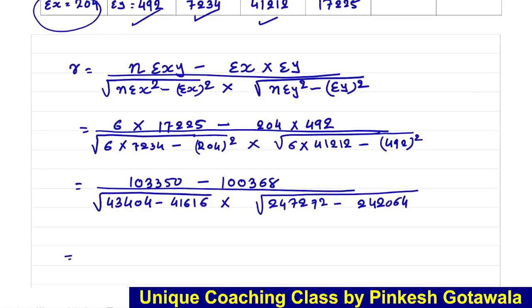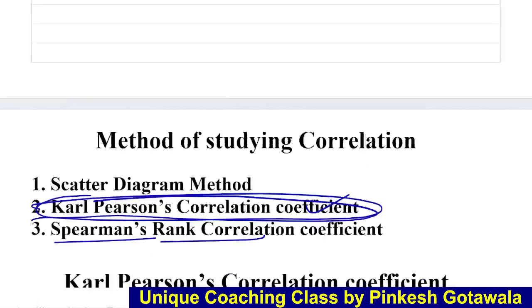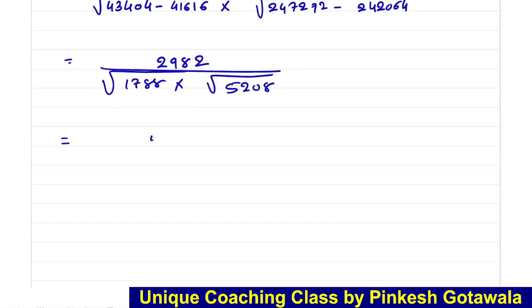So now here we get 2982. 43404, 41616, 1788, 24722, 4264, 528, 2982.